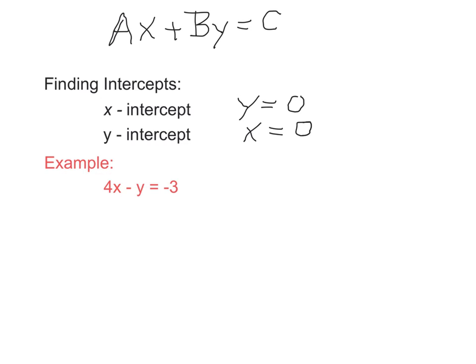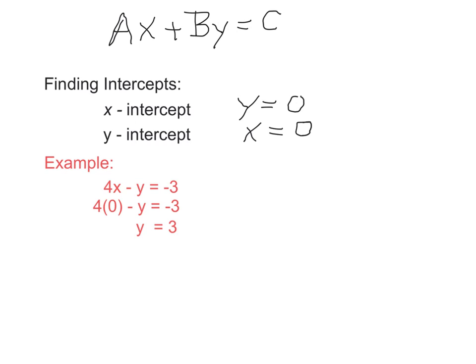Initially, let's look for the y-intercept. That's going to be where x is equal to 0. If I plug in 0 for x, I've got 4 times 0 minus y equals -3, or if I continue to solve that, I get y equals 3. So y equals 3 is the y-intercept.